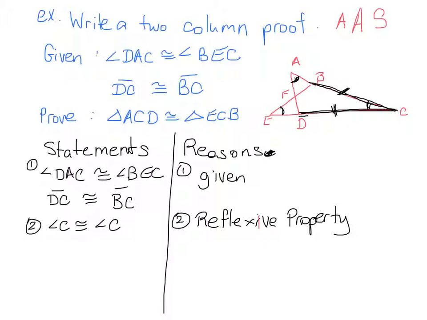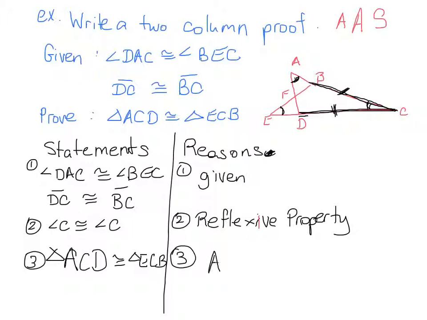So we've gotten to where we need to get to. And that is the fact that triangle ACD is in fact congruent to triangle ECB, and that is because of the angle side theorem. And we're done.